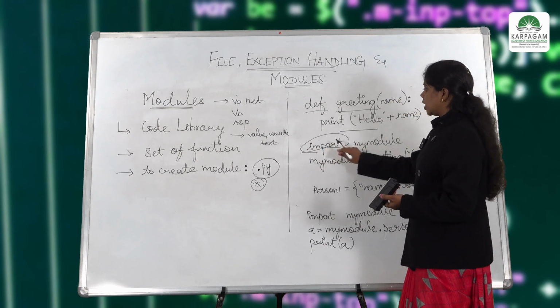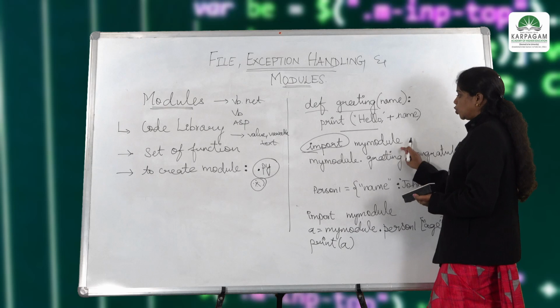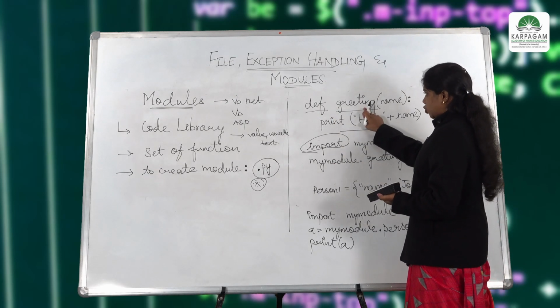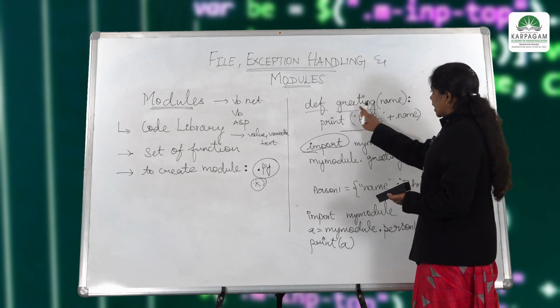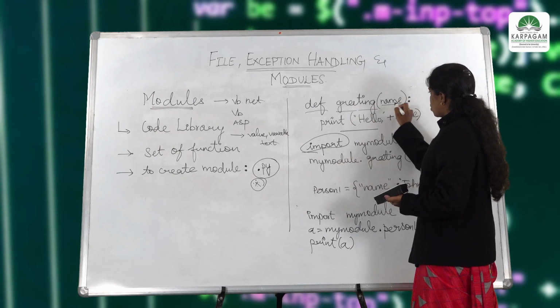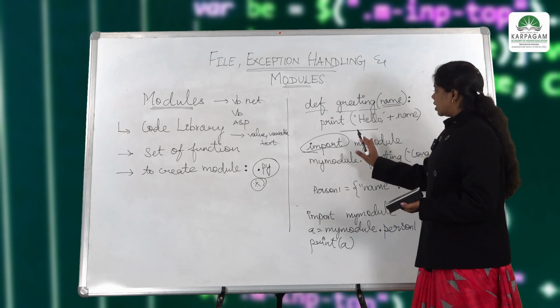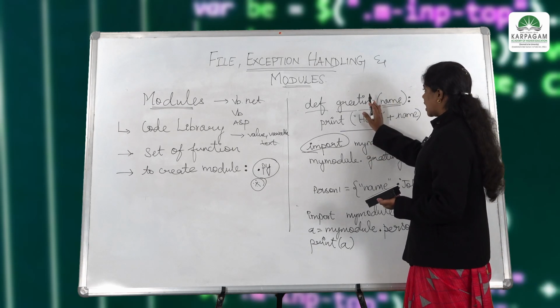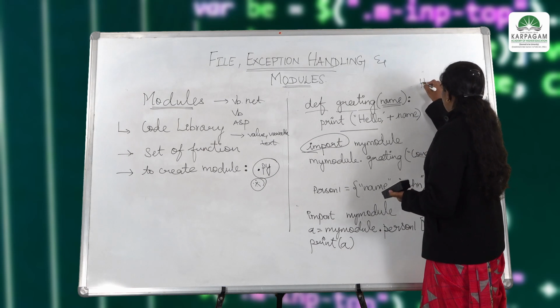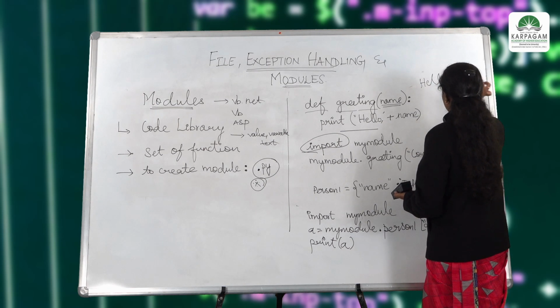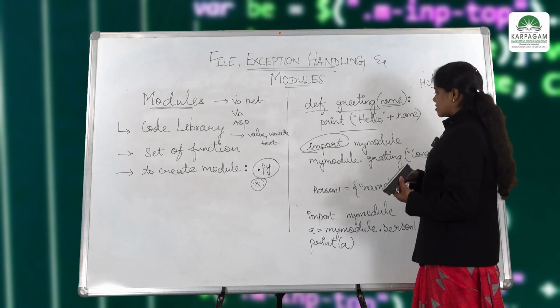Import is a keyword. import mymodule. Then mymodule dot, what it contains, my function. So mymodule.greeting, and instead of name we are using "Congratulations". So the module is included in that greeting, and the output will be displayed as "Hello, Congratulations". So this is a simple example.